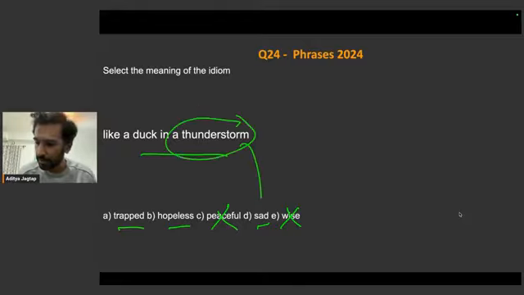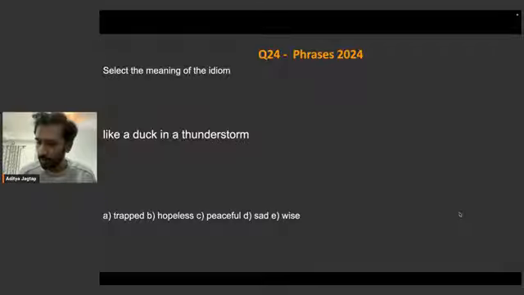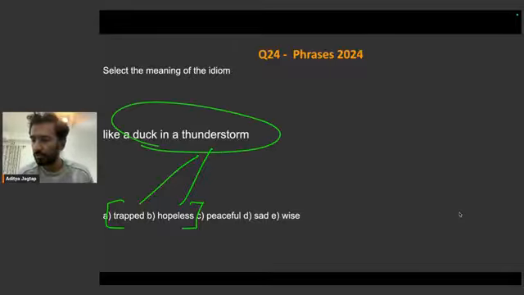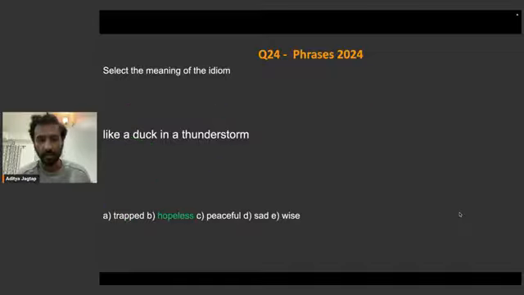The duck is in the thunderstorm, so it won't be sad either. Now, one of these: trapped in a thunderstorm or hopeless. You're not talking about someone actually being trapped. Like a duck in a thunderstorm is talking about someone's overall situation, right? So if you're talking about the situation, it's not going to be trapped, it's going to be hopeless, right? In a hopeless position or situation.